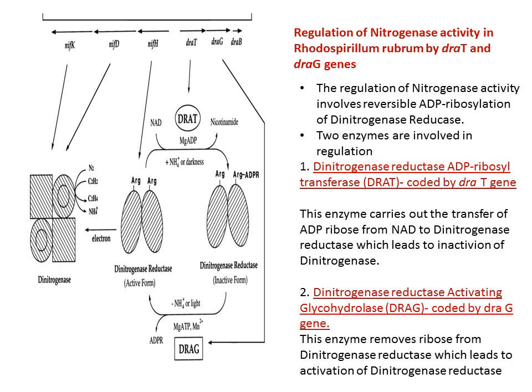We know that the nitrogenase enzyme is made up of two different proteins, dinitrogenase and dinitrogenase reductase. So this enzyme coded by the DRAT gene transfers ADP ribose from NAD to dinitrogenase reductase, which leads to inactivation of dinitrogenase.